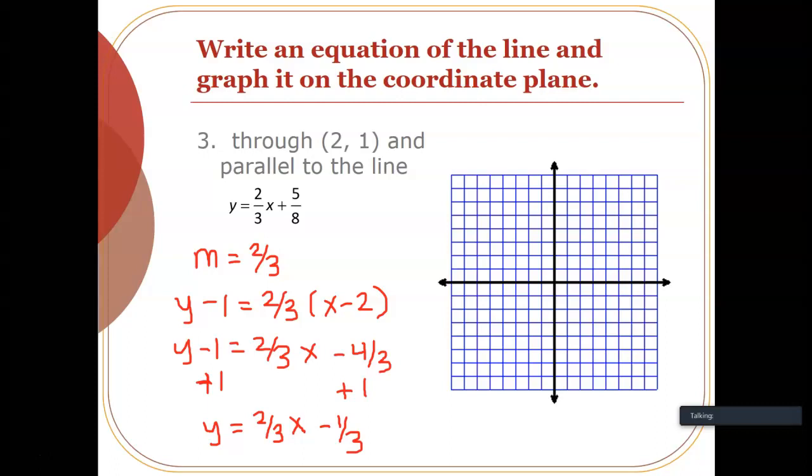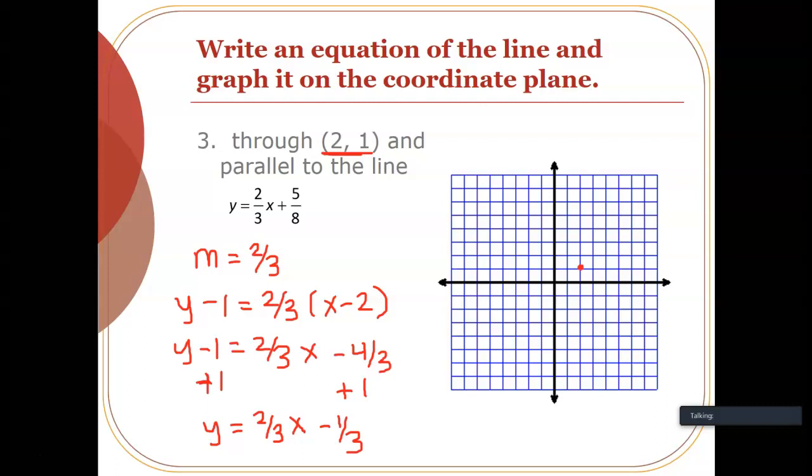And remember, to graph it, it's always easier to graph the point given to you. So if I was given that point 2, 1, I can start my graph at 2, 1. And then apply my slope.